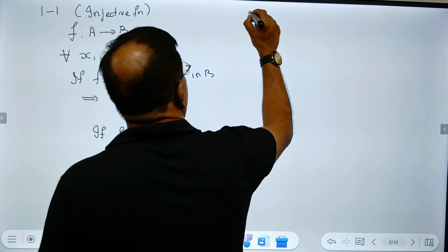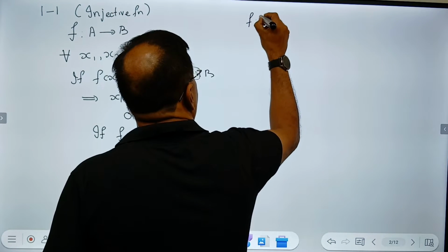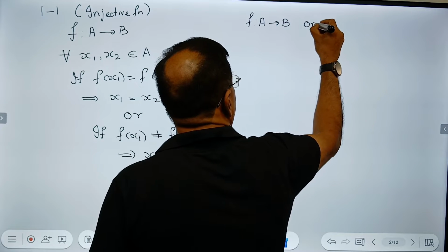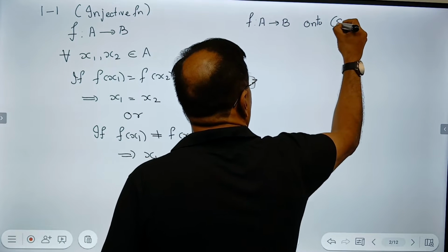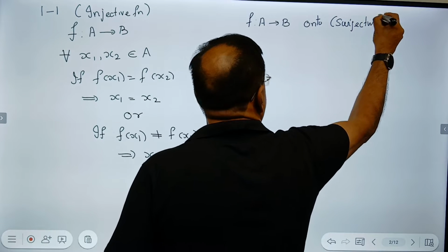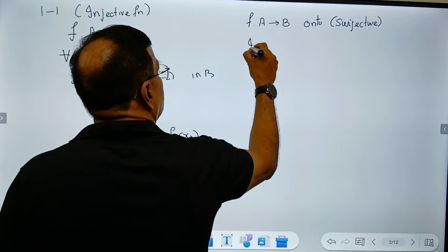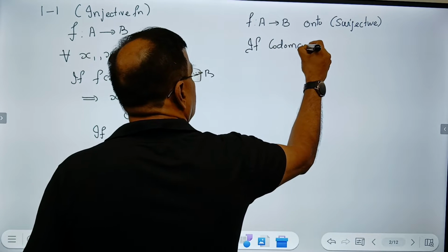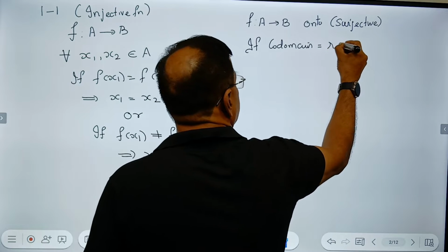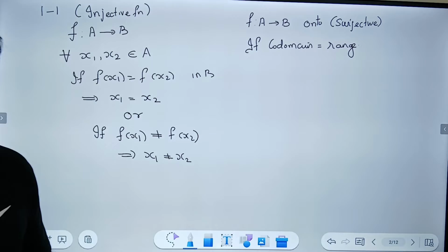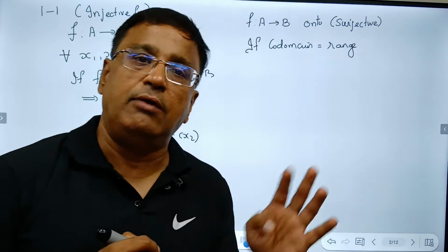Now what is an onto function? F is a function from A to B, said to be onto, or another name for onto is surjective. It is surjective when the codomain equals the range, or every element in the codomain has a preimage.